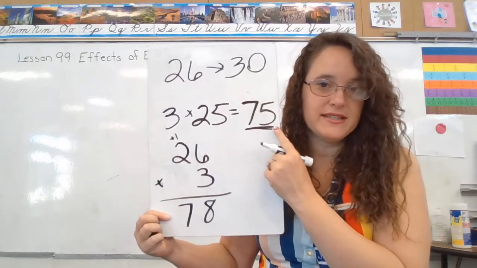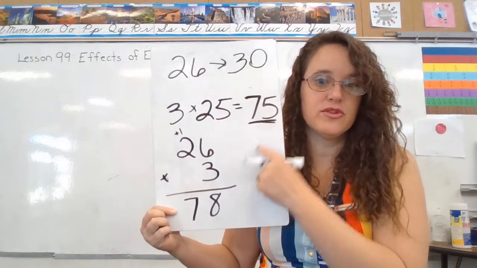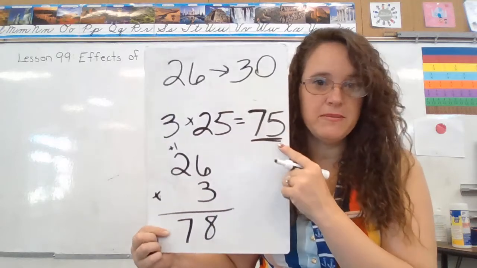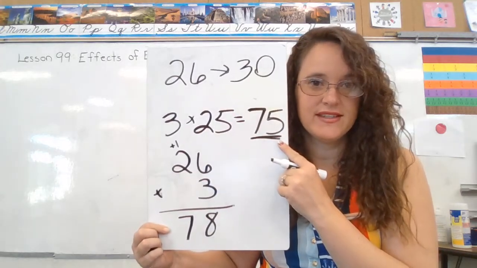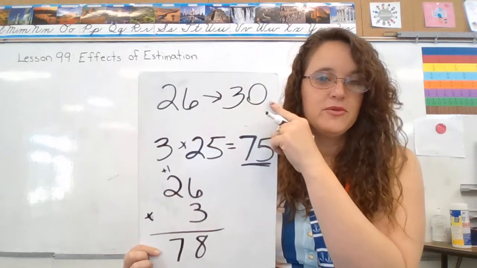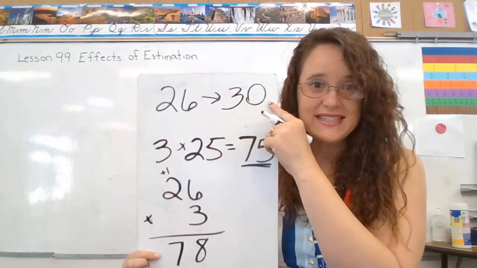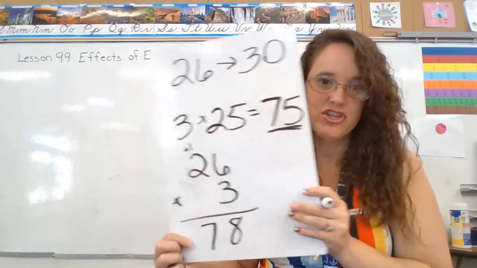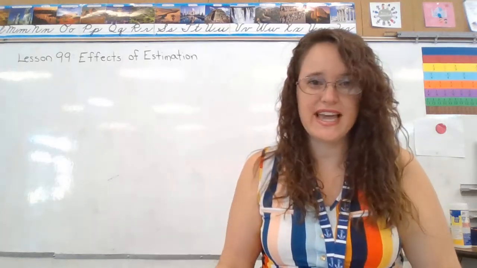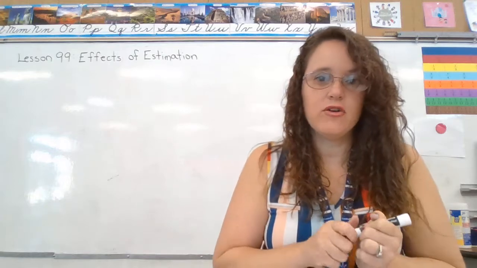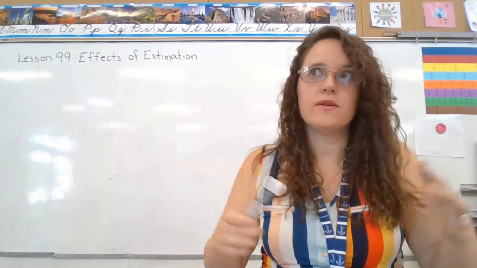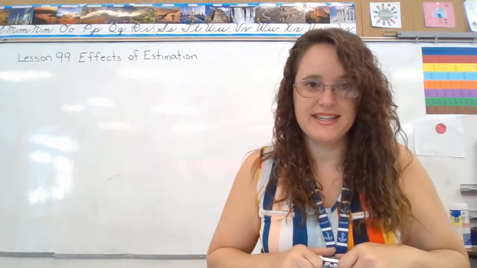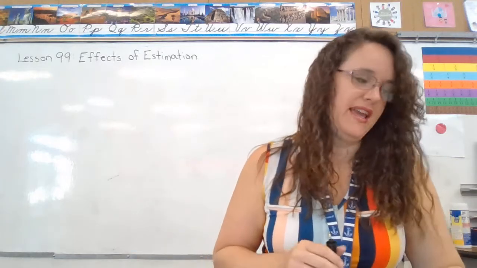This was a better estimate because it's closer to the real number. But you just have to be aware there's going to be more than 75 kids. If you round up, you would have to be aware there's going to be less than 90 kids. And that's how estimation and how you choose to estimate can affect how close or how high or how low your estimate is compared to the actual answer.